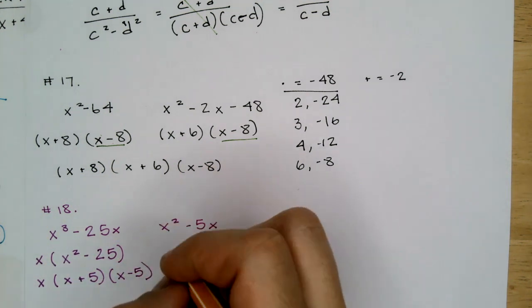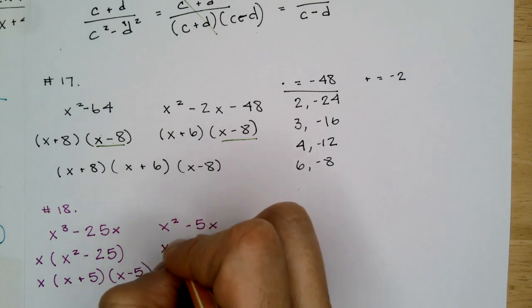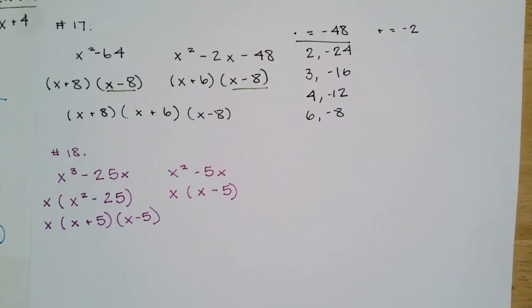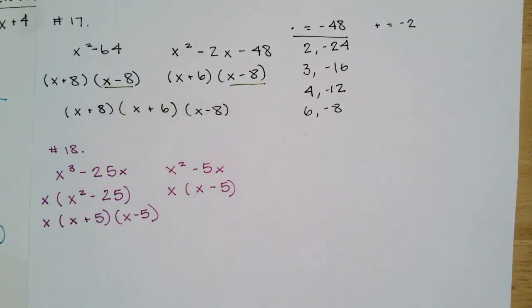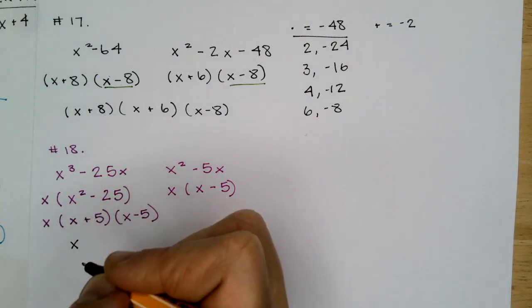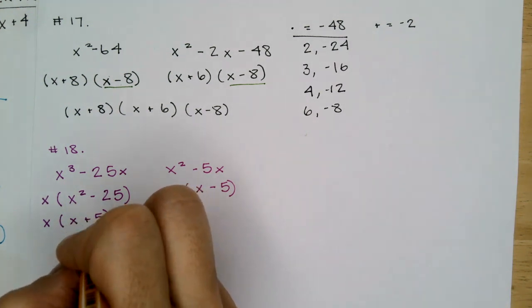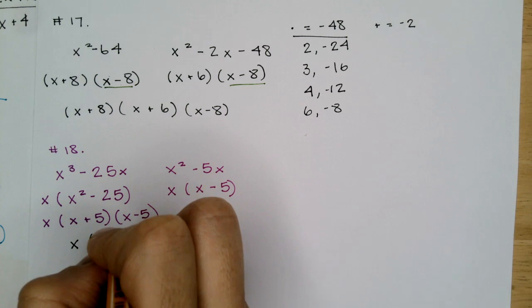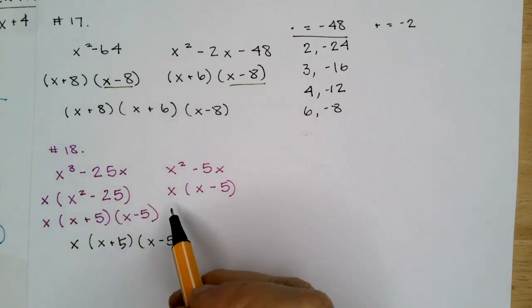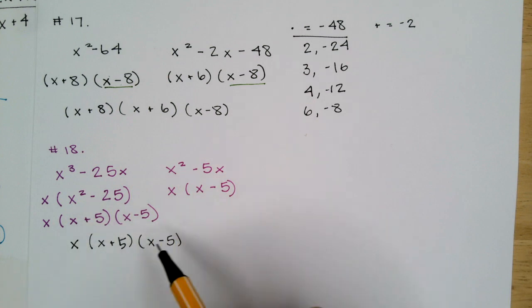X squared minus 5x, you can factor out an x and you get x minus 5. So I would say the common factors for number 18 would be x, x plus 5 and x minus 5. Yeah, we covered them all.